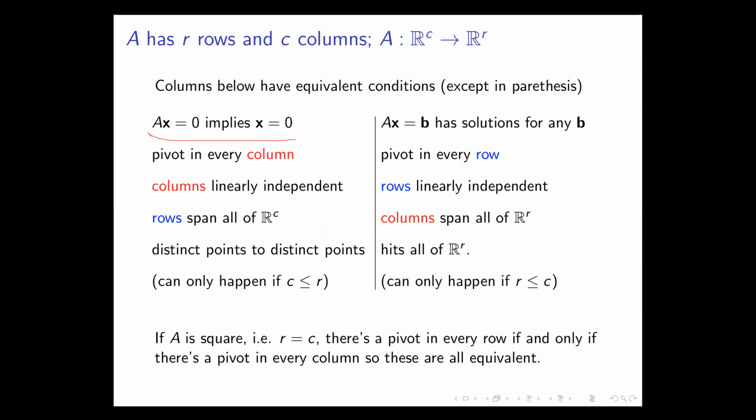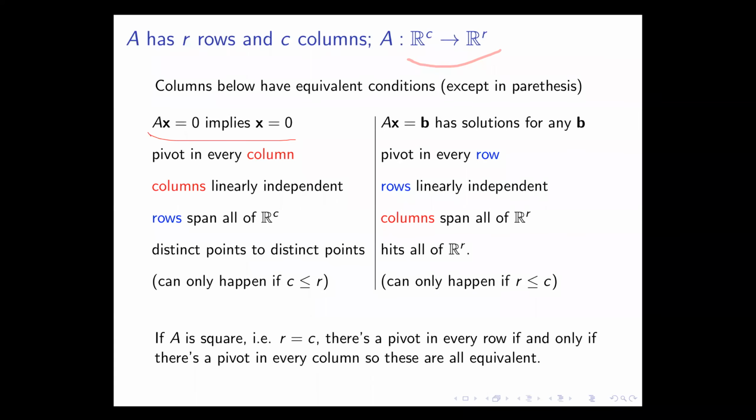So in this case, matrix A is a linear transformation from R^C to R^R. Then it necessarily happens that the rows span all of R^C, and the map is one-to-one as a linear transformation, or as we call it, the associated function.